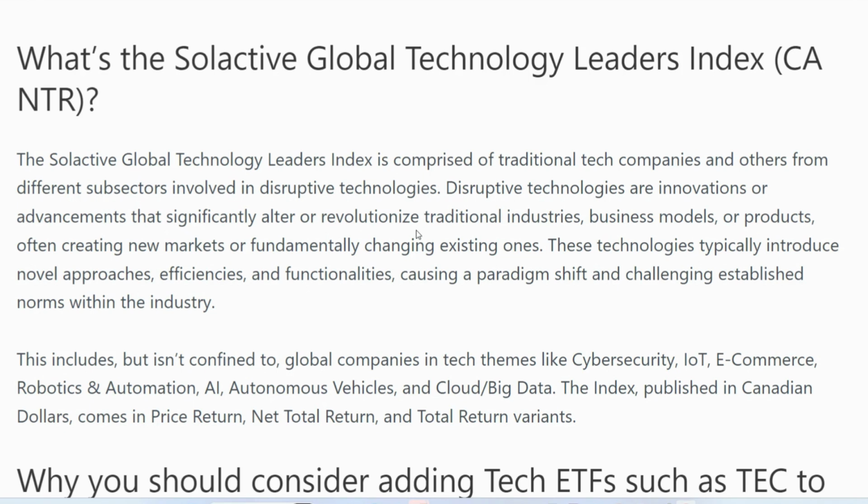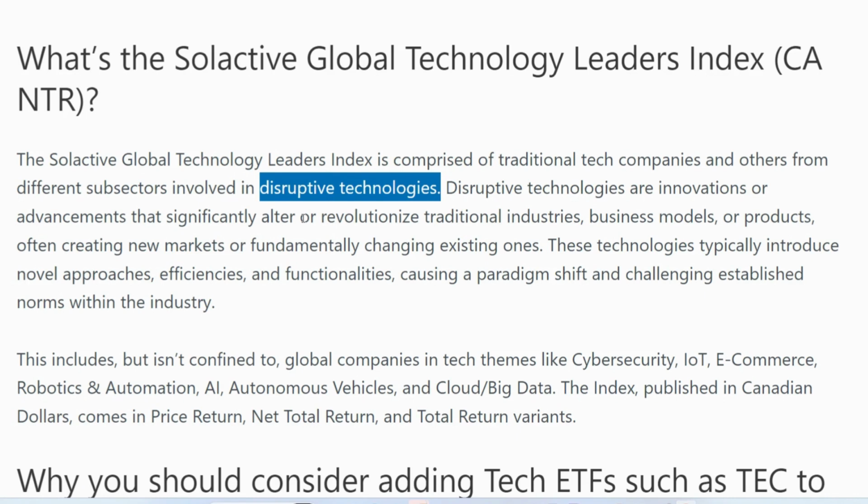as I mentioned, Apple and similar, like Amazon and all those, and others from different subsectors involved in disruptive technologies. Disruptive technologies, if you know the ARK fund, Kathy Wood, that famous manager who owns the ARK funds. She became popular because she's really focused on disruptive technologies, and her funds have done amazingly well in the past years.